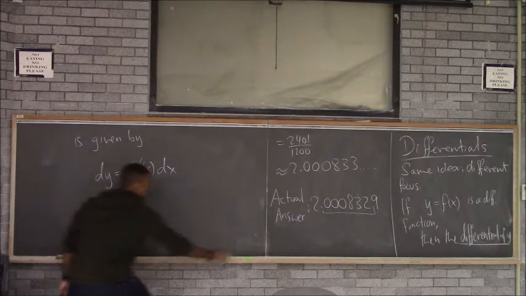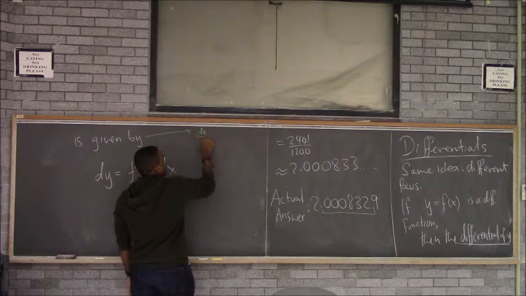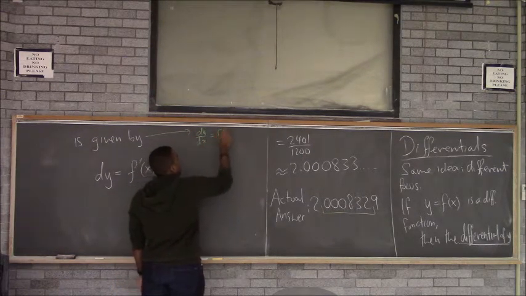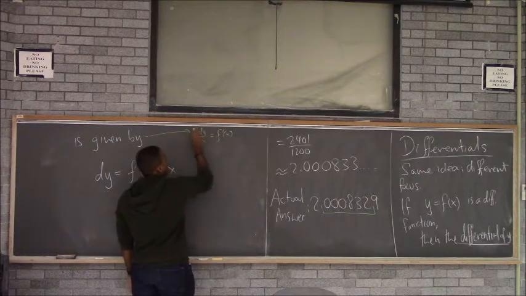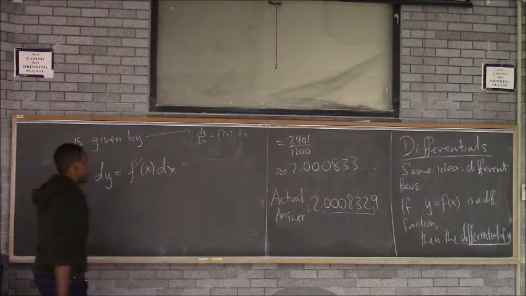Basically what I did here is just I differentiated, found dy dx, you get f prime of x, and then I multiplied both sides by dx to get something that looks like this.